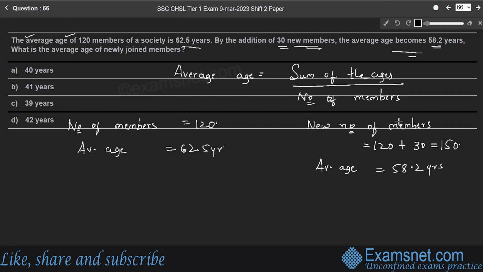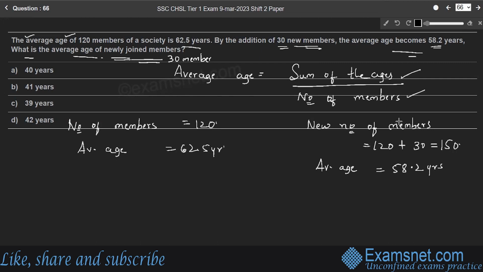Here, students, we need to find the average age of newly joined members. For average age, we need the sum of their ages and the number of members. The newly joined members are 30 members. If you know the sum of the ages of the 30 newly joined members, then easily we can find their average age.